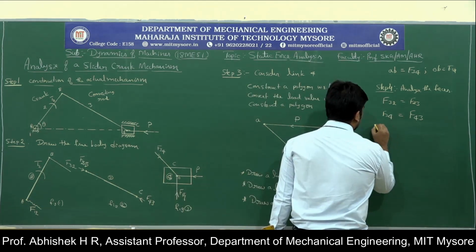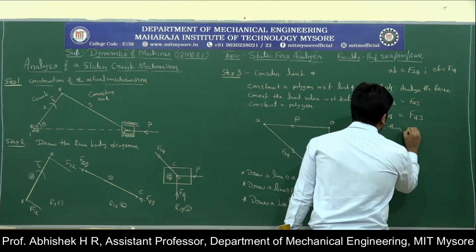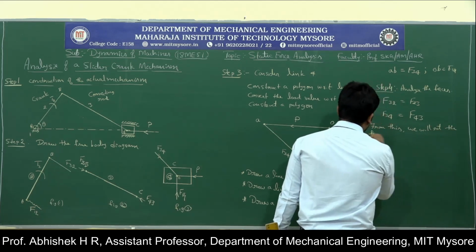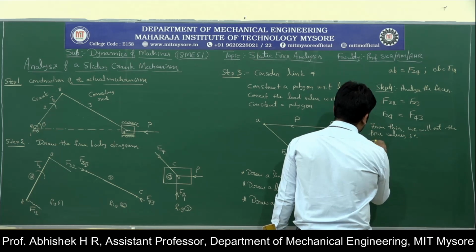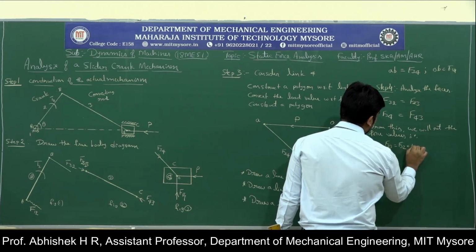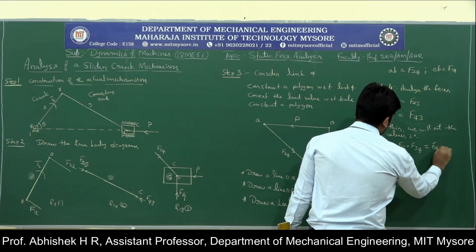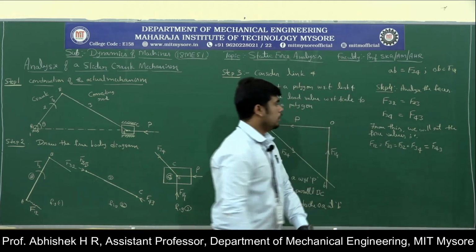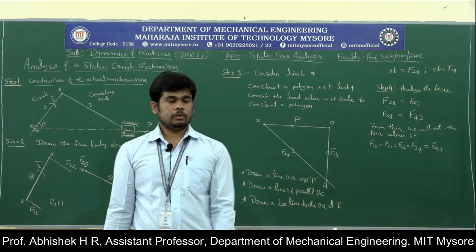So from this, we will get the force values, that is F12 is equal to F23, F23 is equal to F32, F32 is equal to F43, and also, so this is how you will get the magnitude of the forces in each link.